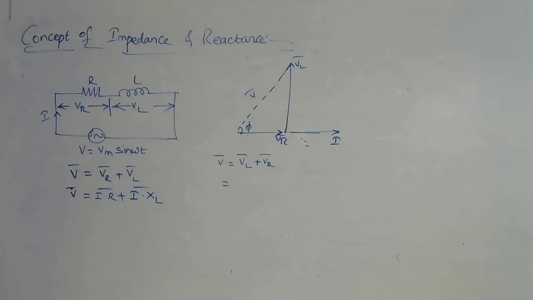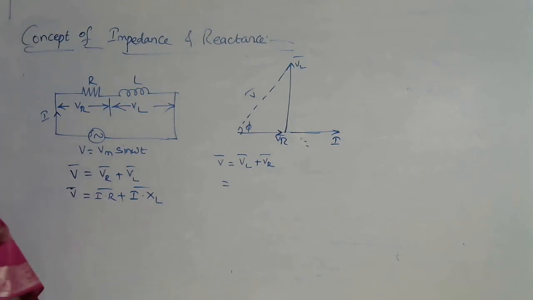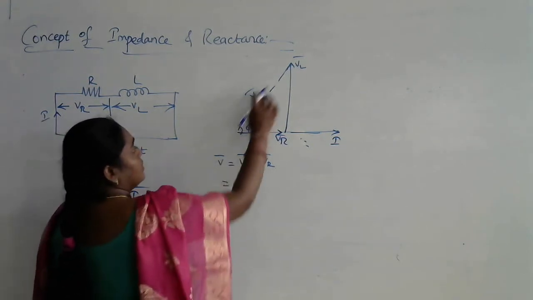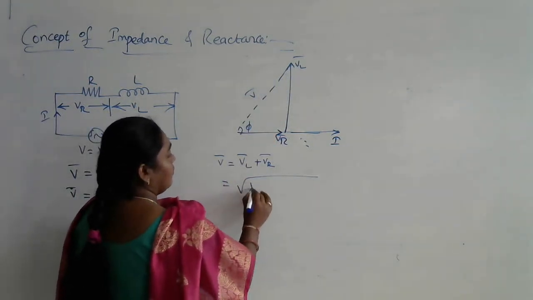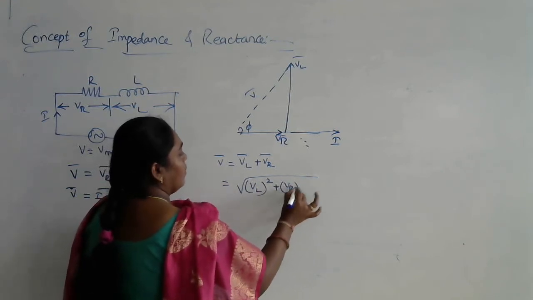This triangle is called the voltage triangle. From this voltage triangle we can write V, which is the hypotenuse, as the square root of VL squared plus VR squared.